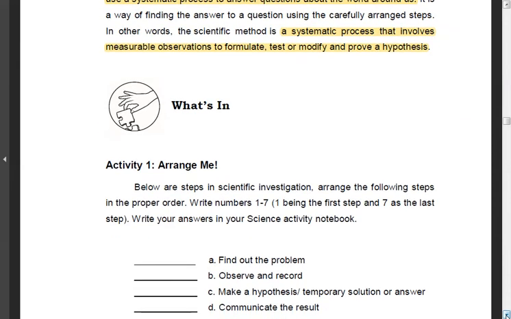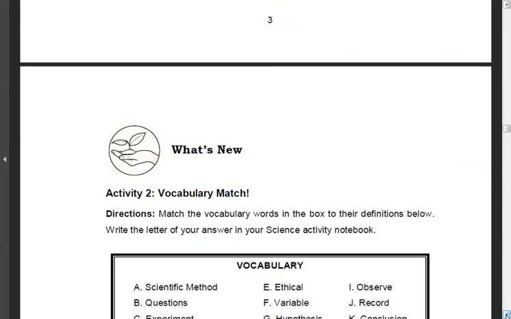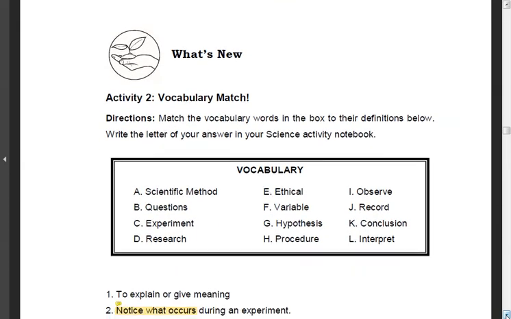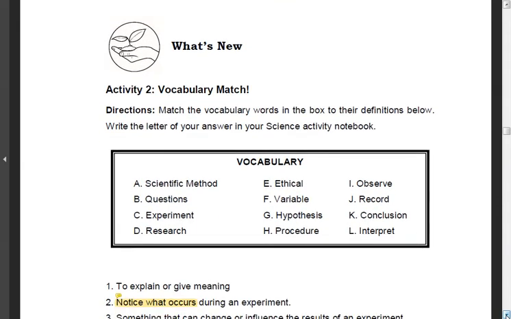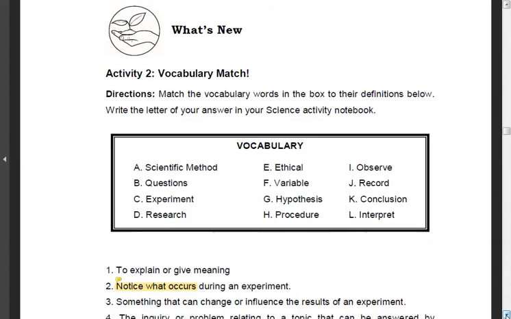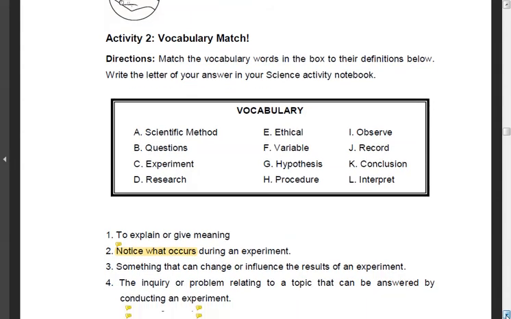After reading about that, you have to go to Activity number 2, Vocabulary Match. Again, in your answer sheets, write What's New and then Activity number 2, Vocabulary Match. How do we do this? Here is a box. In the box, there are different terms that you will need to match.